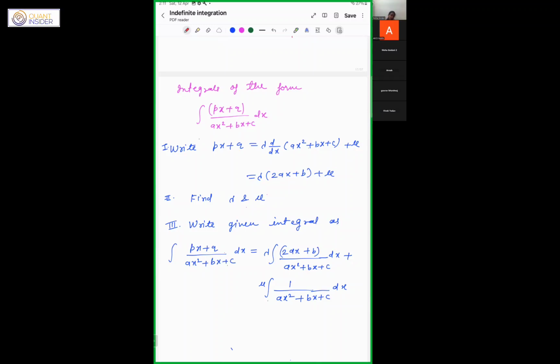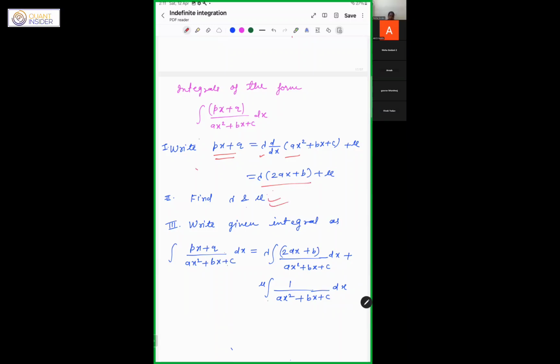So what you do, you write this px plus q as a linear combination like this: lambda times d by dx of ax square plus bx plus c, plus mu. After differentiation, you have this. Now you compare on both sides and you find lambda and mu.